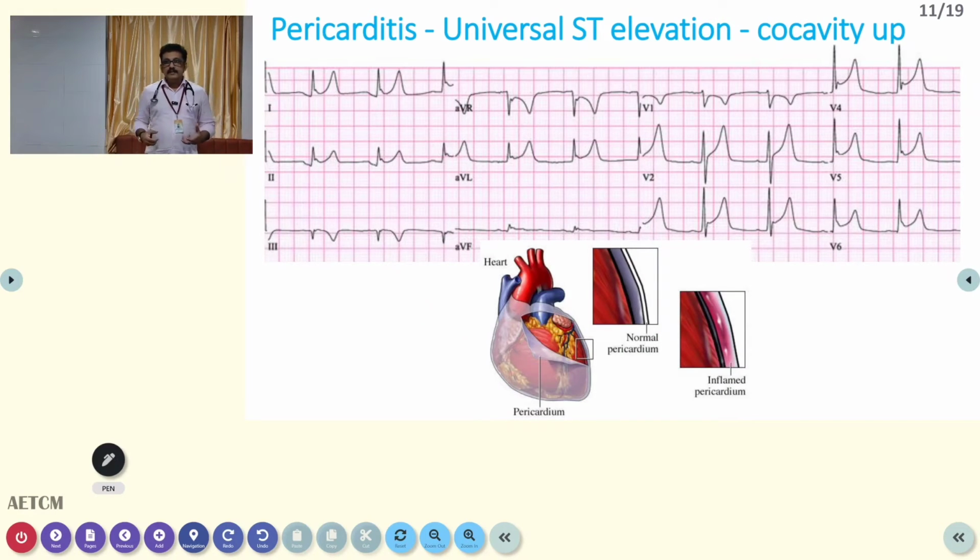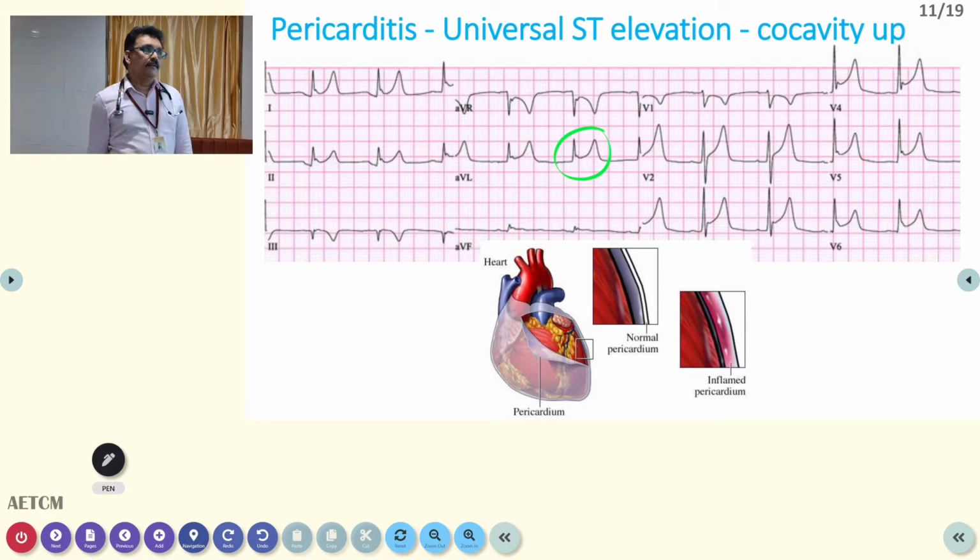Now, another condition which can produce ST elevation is pericarditis. Pericarditis can be due to viral, uremic, bacterial, or tuberculous causes, whatever it may be. There is a classical change which can happen in pericarditis, that is ST elevation.